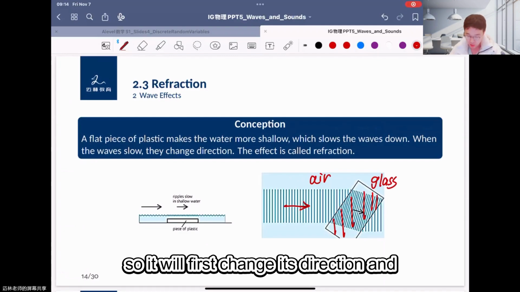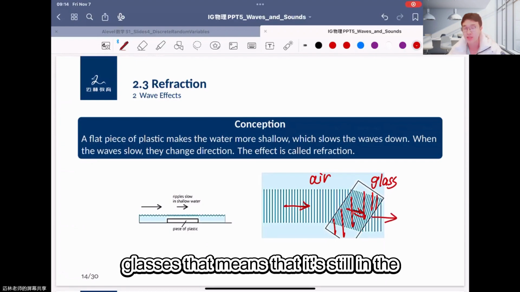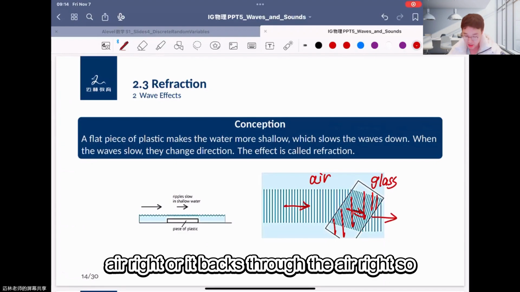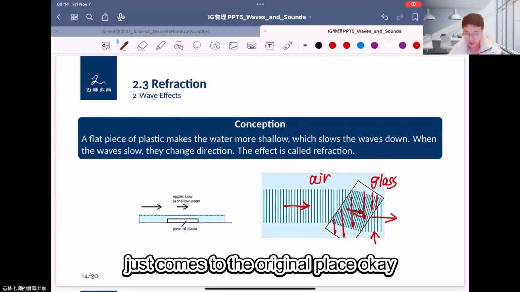So the wave first changes its direction, and once it moves out of the glass and is back in the air, its moving direction returns to the original.